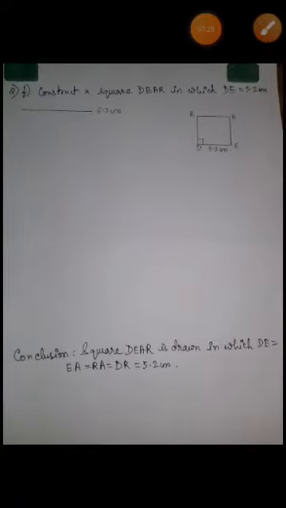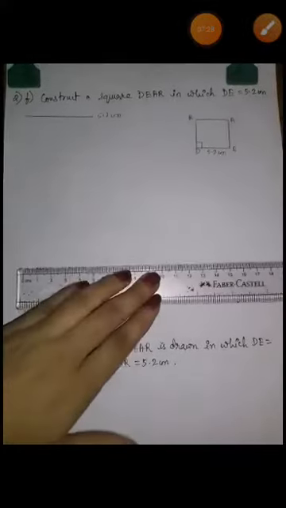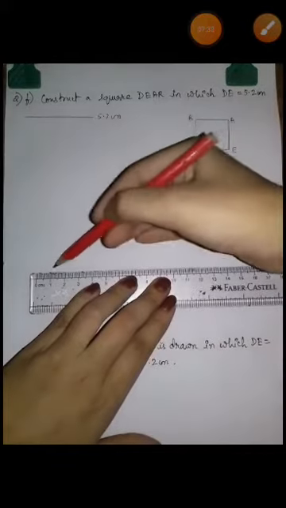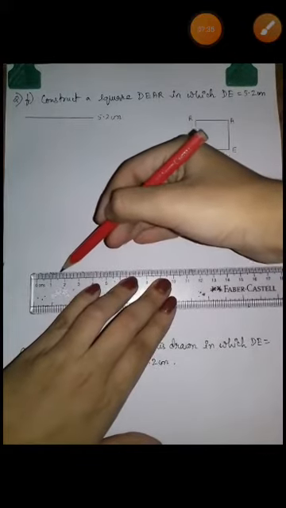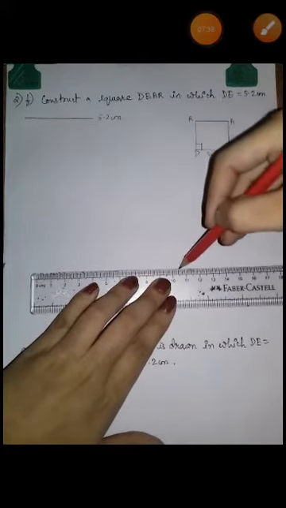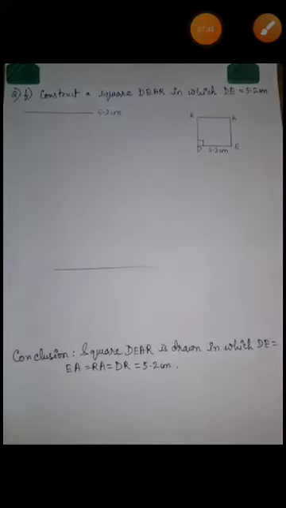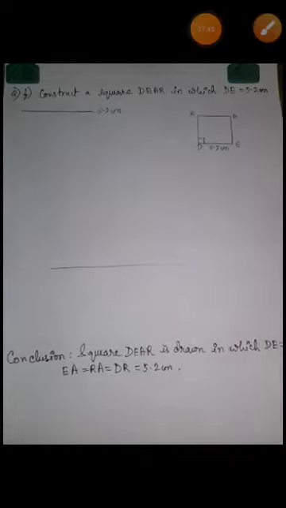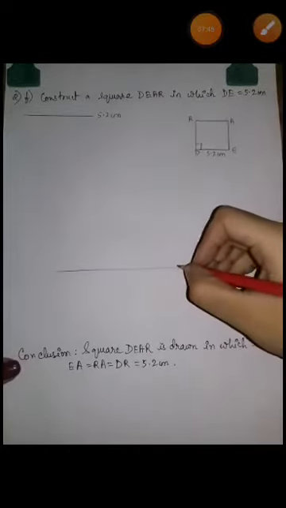Then you are going to construct the square. So at first you are going to draw the base. That means at first draw a ray like this, of any measurement.